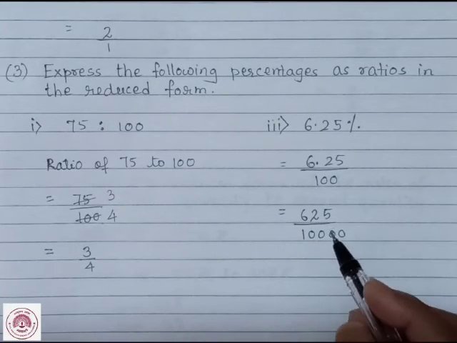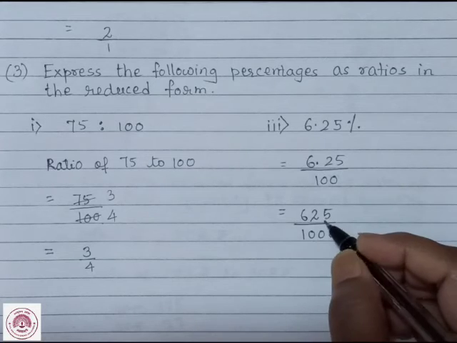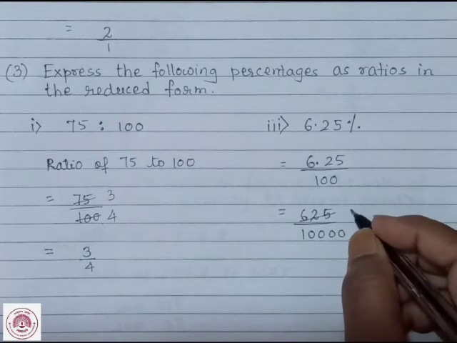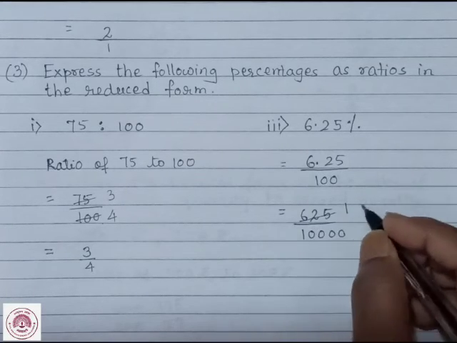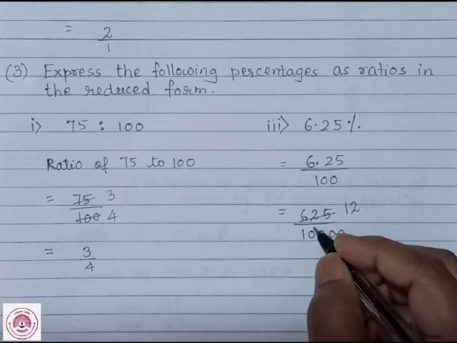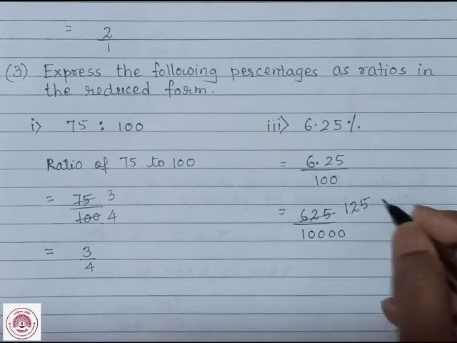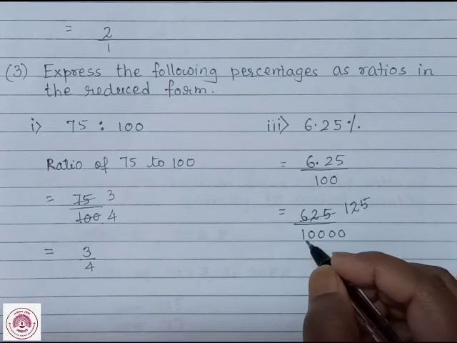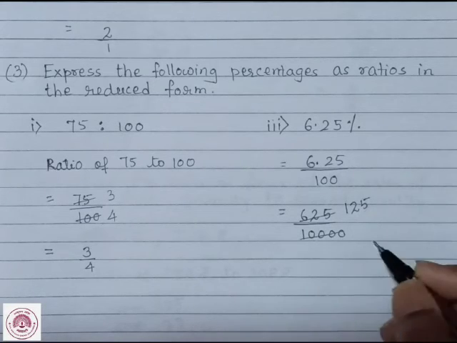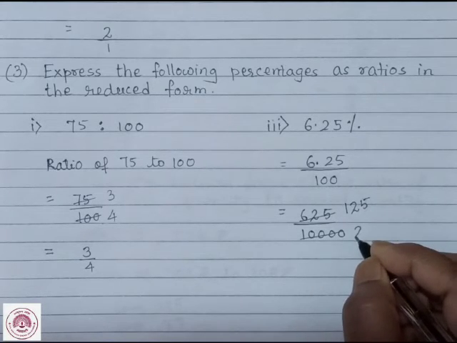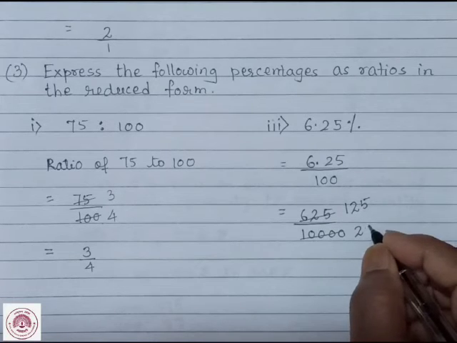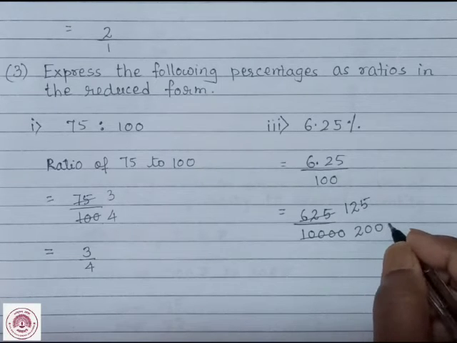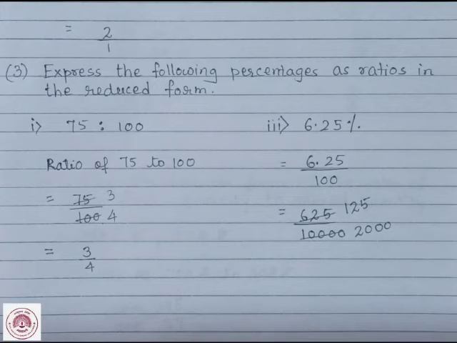Now we can divide both these numbers by 5. So 5 1 times is 5, 5 2 times is 10, and then 5 5 times is 25. Similarly we'll divide 10,000 by 5. So 5 2 times is 10. So again we have 3 zeros. So we can add here 3 zeros. So it becomes 2000.